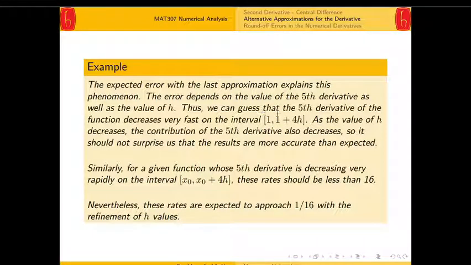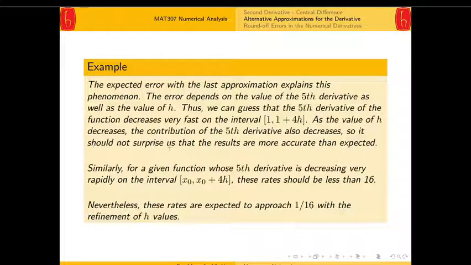Thus we can guess that the fifth derivative of the function decreases very fast on the interval from 1 to 1 plus 4h. As the value of h decreases, we also shrink this interval. So this means the contribution of the fifth derivative also decreases.